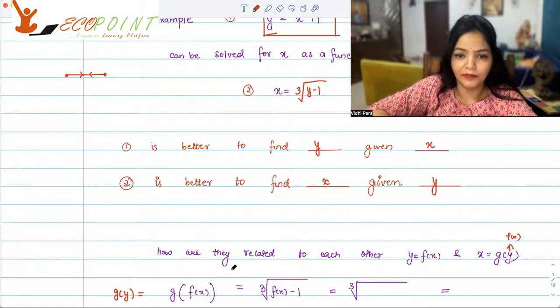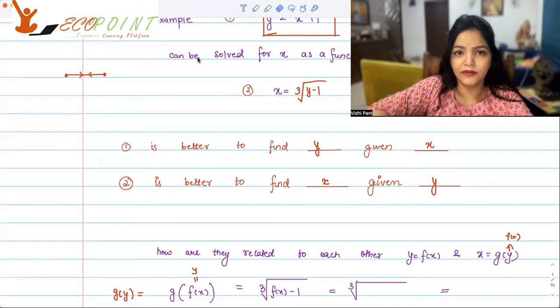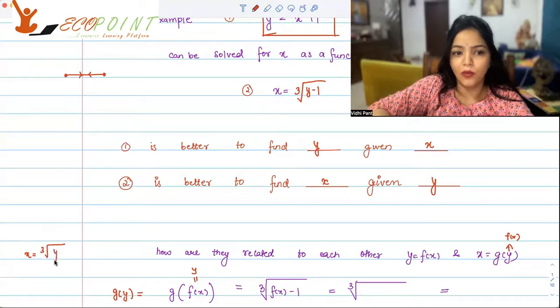In terms of the formula, your g is the cube root, in terms of the function that we had taken as an example. So g(f(x)) is equal to the cube root of f(x) minus 1. Why? Because f(x) is y, and we have figured out that x is equal to the cube root of y minus 1.